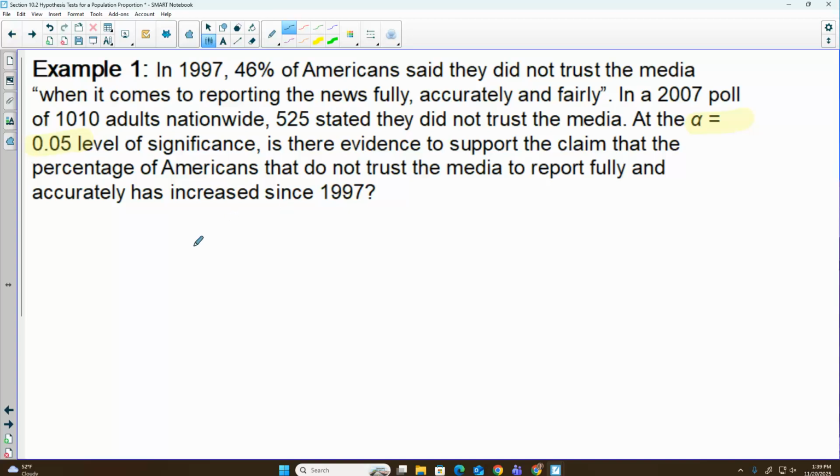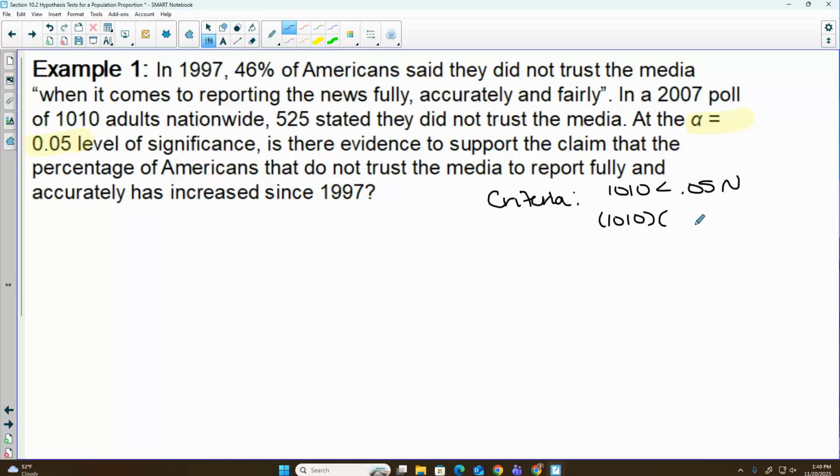So, first, let's check our criteria. You should always be thinking, is this less than 5% of the total population? So, would 1,010 be less than 5%? Absolutely. And then the n, 1,010, times p.